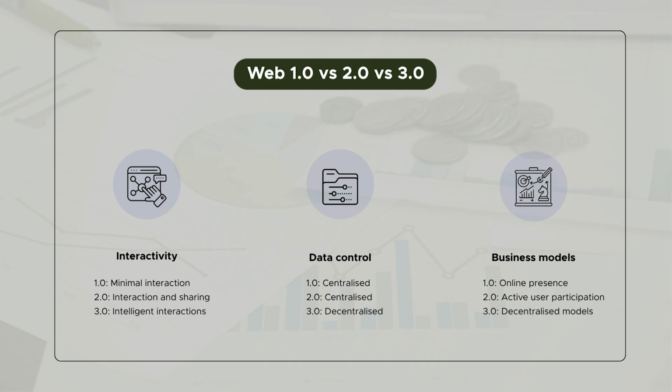Web 3.0 introduces decentralized business models with focus on security, privacy and enhanced user experience. So, what are the implications for future? As businesses adapt to evolving web, there is a need for understanding the nuanced requirements of each stage.